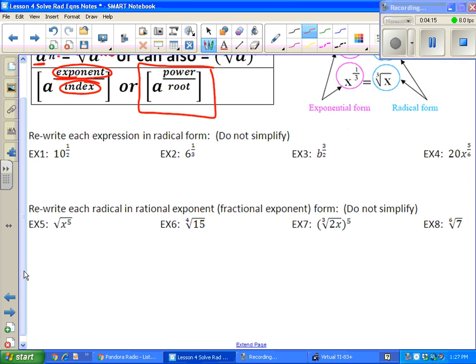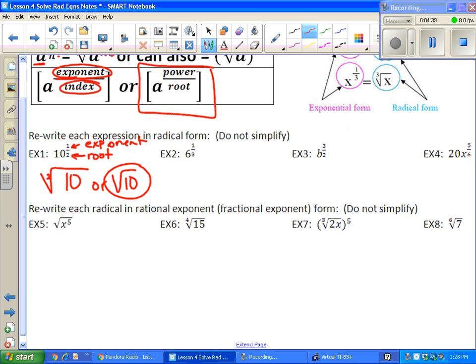So I'm going to rewrite every expression in radical form. The first thing I look at is the bottom says that the root is 2. So I'm going to take the square root or the 2nd root. If it's the square root, you technically don't need the 2 there. The top is the exponent. So I'm going to take 10 to the 1st power, or that's just the same as square root of 10.